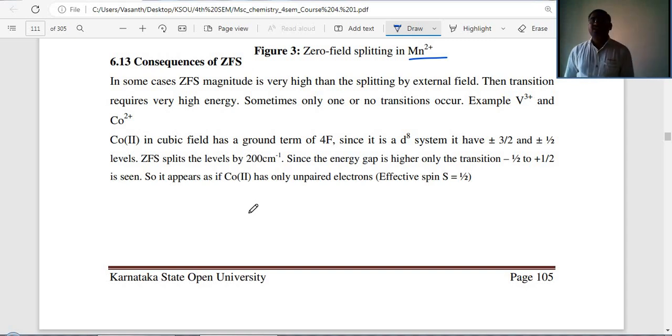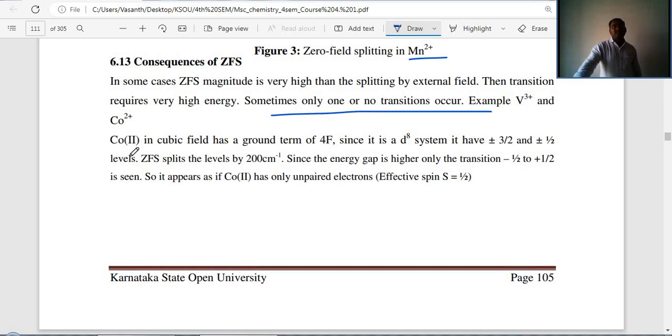Sometimes only one transition occurs, for example vanadium 3 plus, vanadium 4 plus. The Co2 plus in a cubic field has a ground term of 4F. Since it is a d7 system, it has 3/2, 1/2 levels.